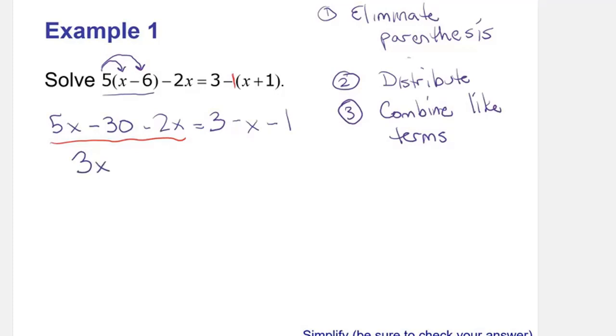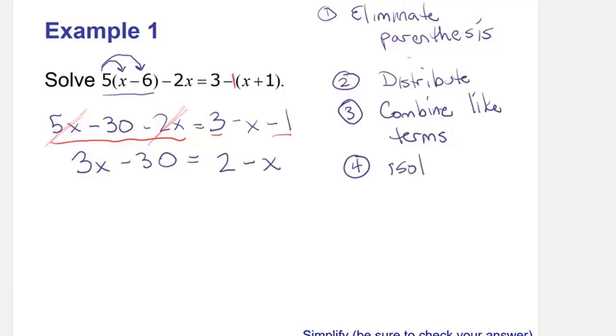That takes care of this and this. And then minus 30 equals, and I'm going to again combine like terms on the right-hand side. So I have this 3 minus 1, which gives me 2 minus x.